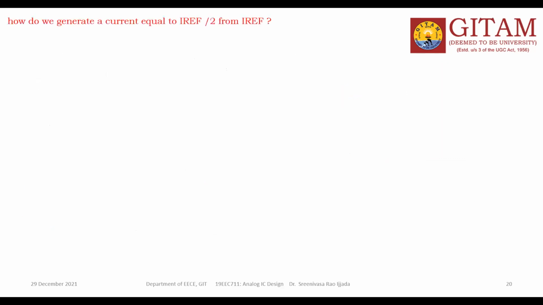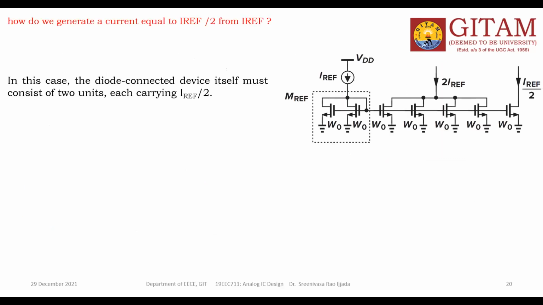So the other alternative is the unit transistor concept. Here, this is the I reference cell. Instead of one transistor, we took two transistors, and each one carries half of the current. That means this is I reference by 2, and this is I reference by 2. If you want twice, these unit cells are required 4. 4 into I reference by 2 is how much?